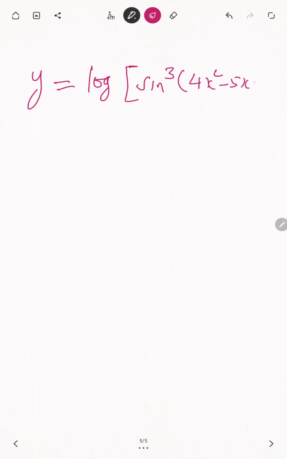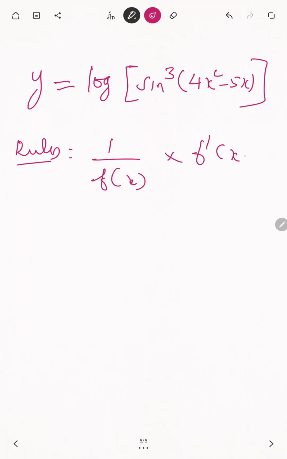Next sum. Y is equal to log of sin cube of 4x square minus 5x. So what is the rule telling? 1 by function into differential of respective function.